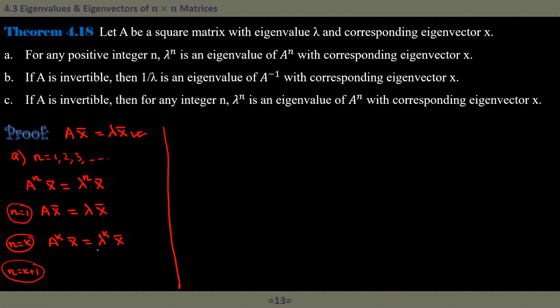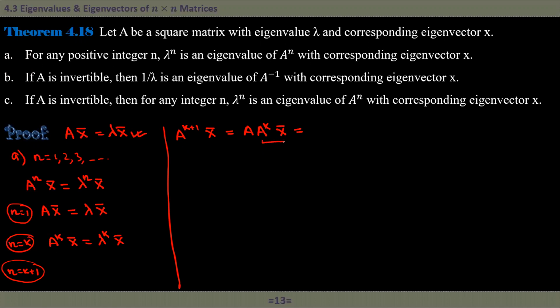To show this, let's continue from here. We have A to the power of k plus 1 times vector x. By the definition of the power of a matrix, we can write it as A times A to the power of k times vector x.